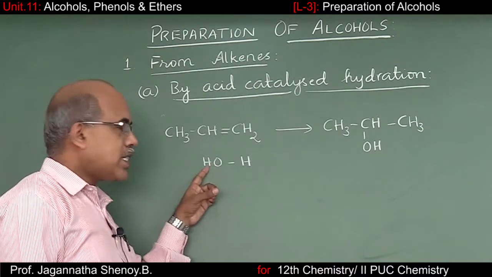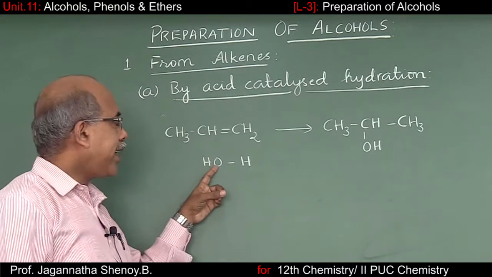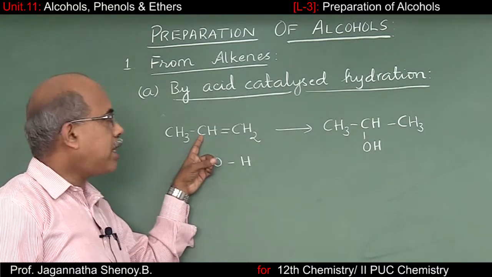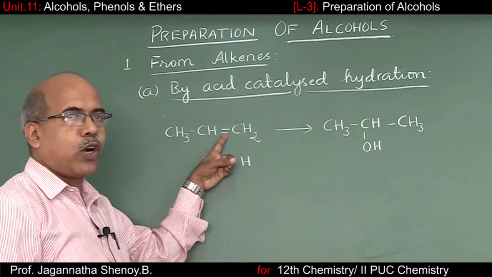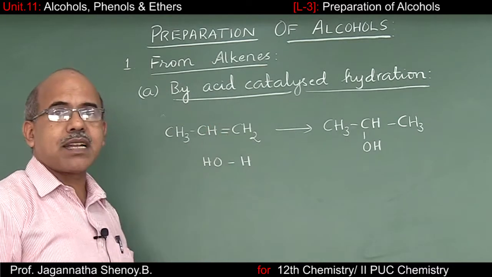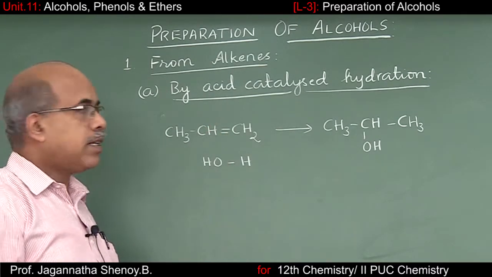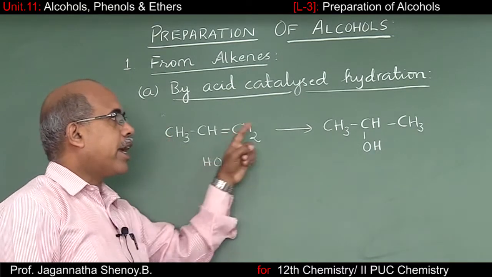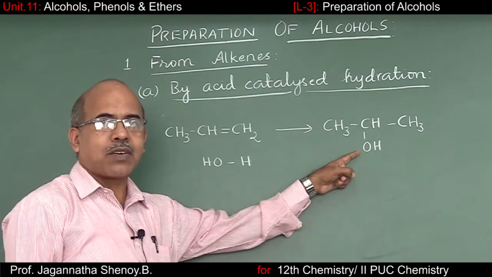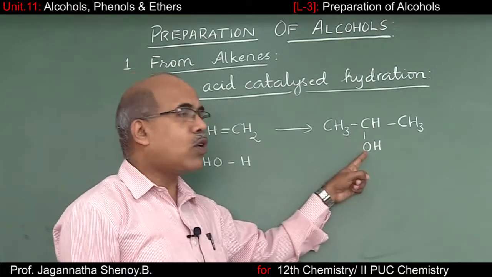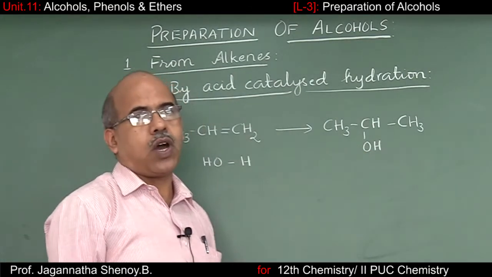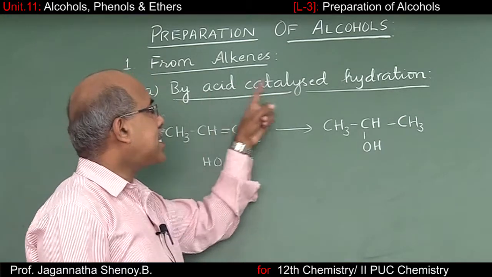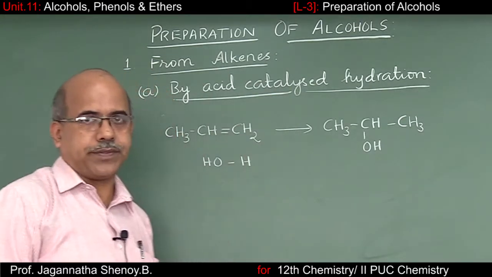You know, OH is the negative part of water, gets added to the carbon atom involved in the double bond containing lesser number of hydrogen. So that is why whenever you want to convert propene into isopropyl alcohol, also called propan-2-ol, we go with acid catalyzed hydration.